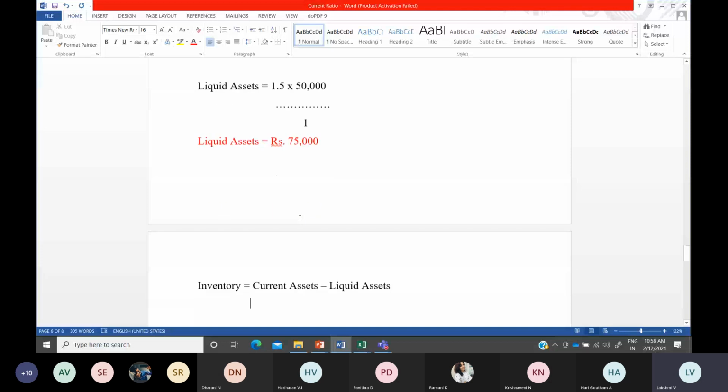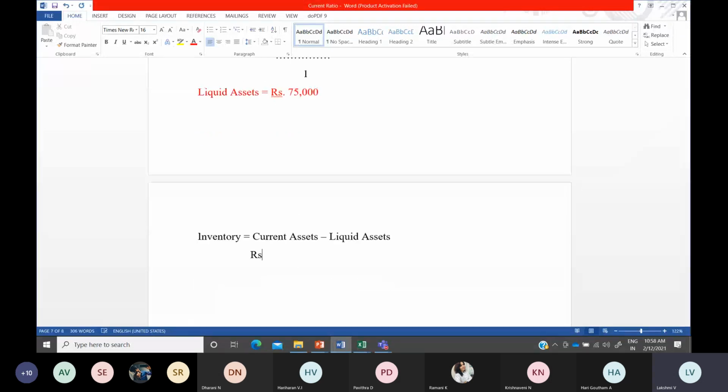So rupees 1,25,000 is my current assets, and my liquid assets is rupees 75,000. So I can get my inventory. Therefore my inventory will be equal to rupees 50,000. 1,25,000 minus 75,000, if you subtract, you will get inventory as 50,000. So this is my inventory amount. Okay.